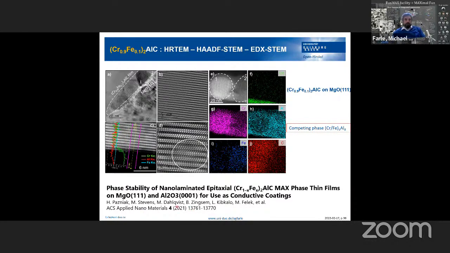But anyhow, this is published in this paper. So pulsed laser deposition, as something for us to remember, could be an innovative or complementary tool to produce new types of MAX phase films. So 4 atomic percent of iron can be incorporated.